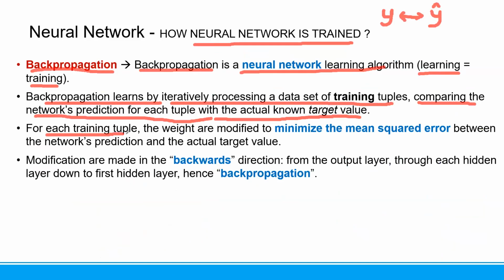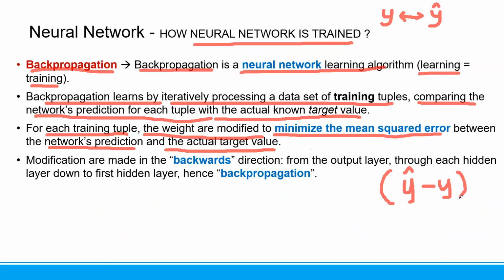For each training tuple, the weights are modified to minimize the mean square error between the network prediction and the actual target value. If we use regression, it means we have y hat minus y. If the squared error rate is low, then it is a good model.